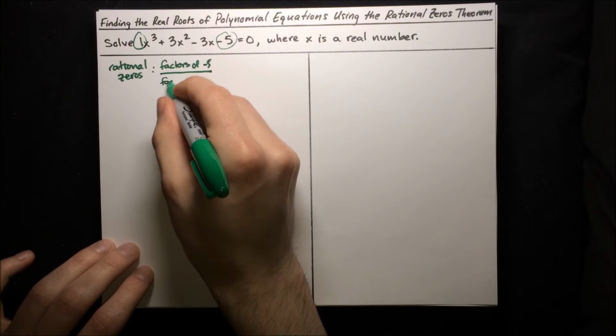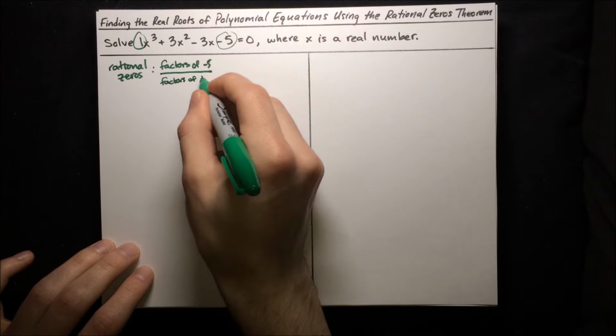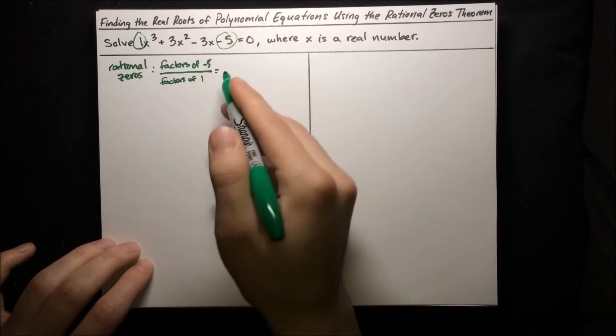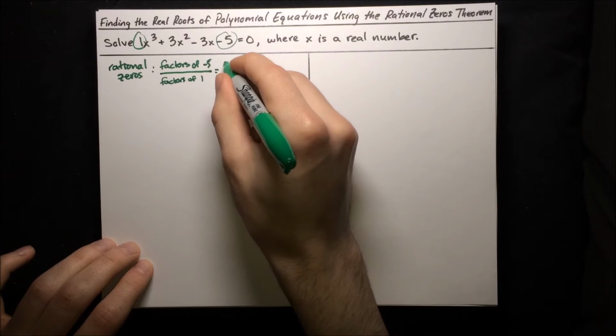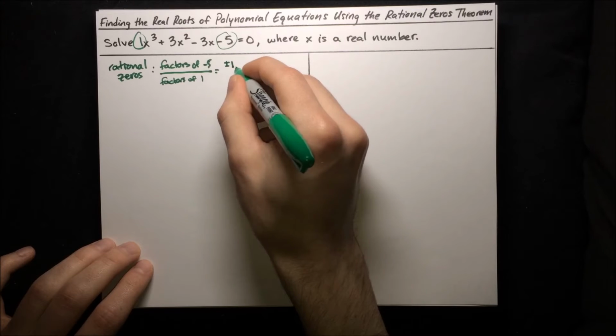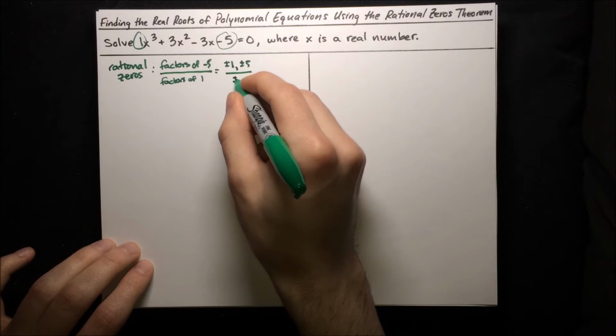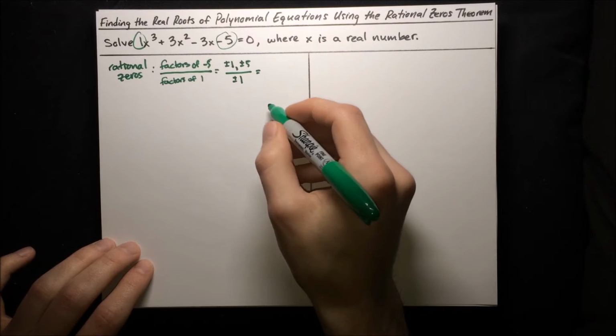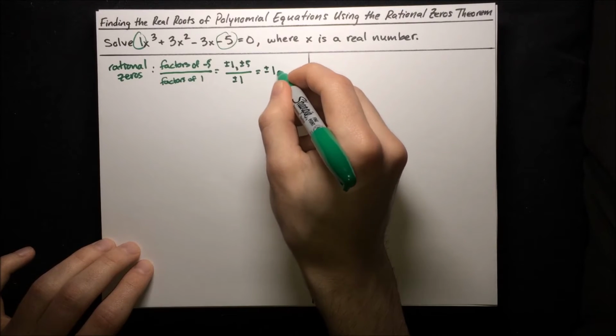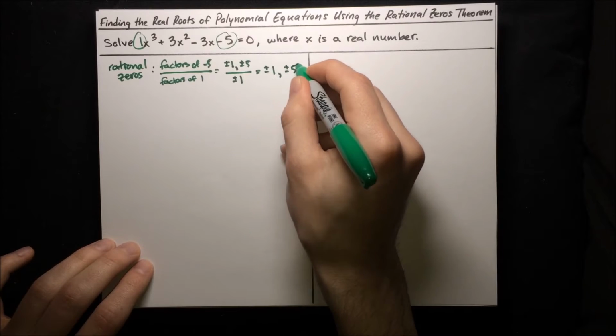Factors of -5 are plus or minus 1 and plus or minus 5, over factors of 1, that's just plus or minus 1. So the end result there is just plus or minus 1 and plus or minus 5.